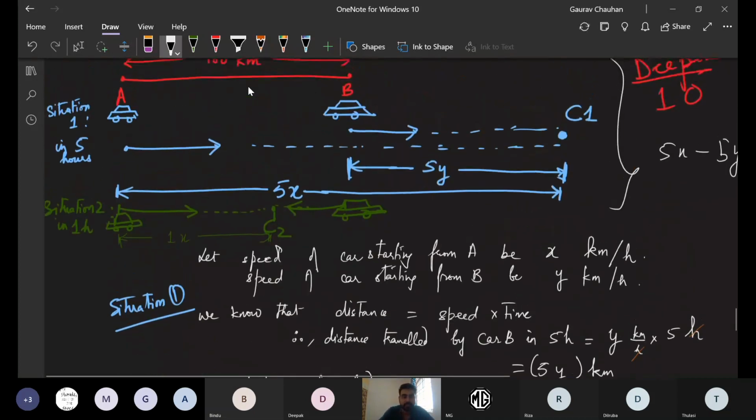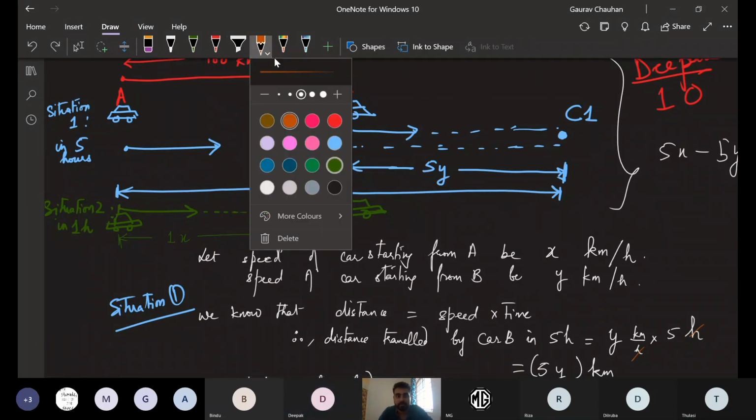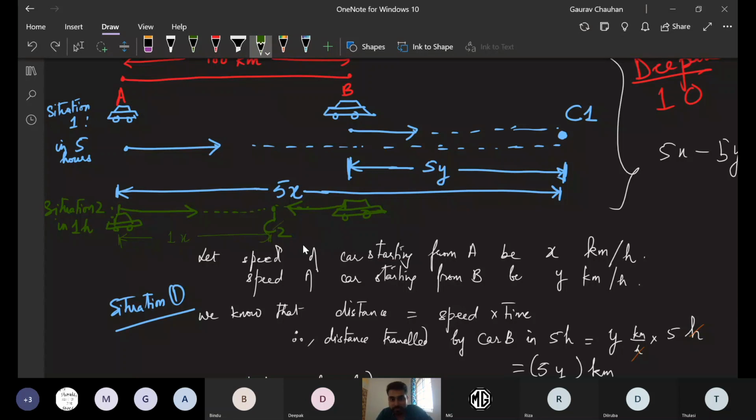Perfect. So in this diagram, remember this point is A, this point is B, this point is C2. Which point to which point is 1y? Deepak? Sir, from C2 to B. Perfect. From C2 to B is 1y kilometers. Any doubts so far?